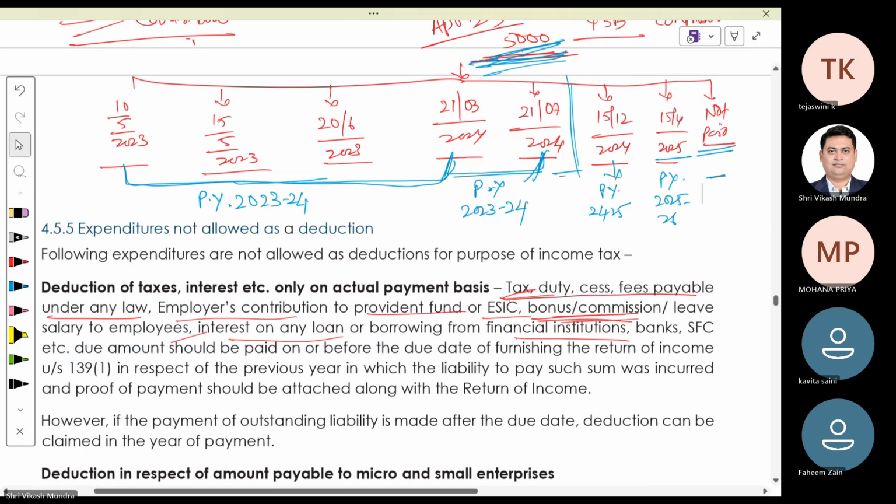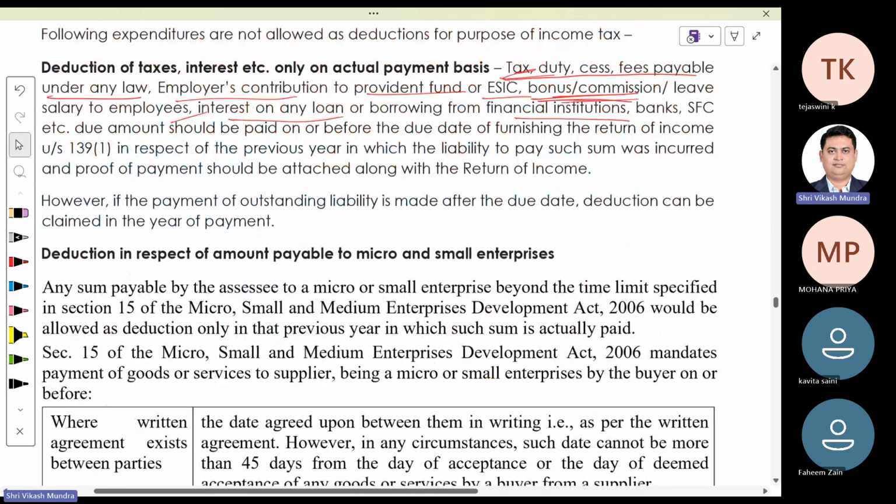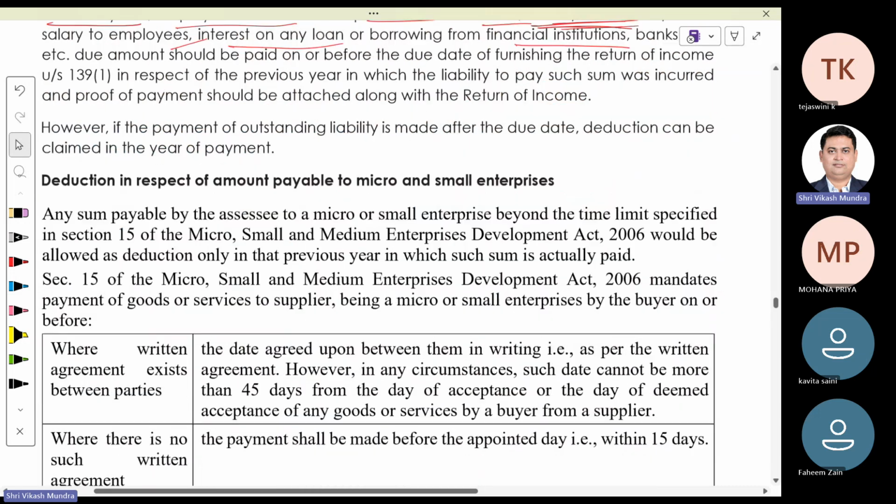Now, in this section, that is section 43B, last year one major amendment has been made with respect to payment due to micro or small enterprises. If you are buying any goods or services from a micro or small enterprise, in case you are buying goods, they are manufacturers, not traders.